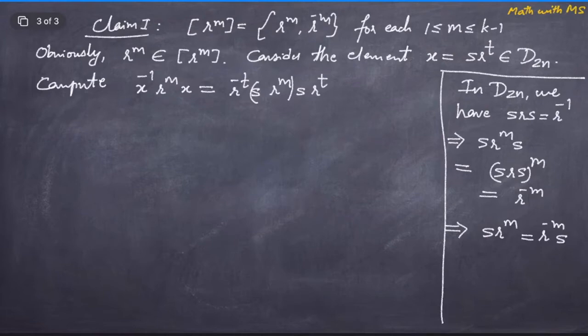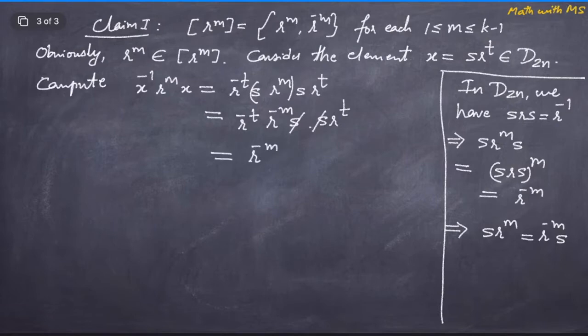We use it here. I can replace this by R to the power minus t. Now S R to the power m I replace by R to the power minus m into S, and then here it is S into R to the power t. S into S becomes S square, which gets cancelled. So what we get is R to the power minus m.